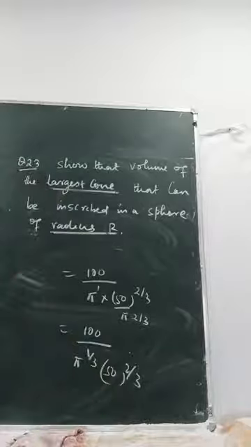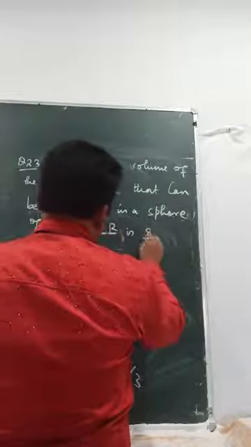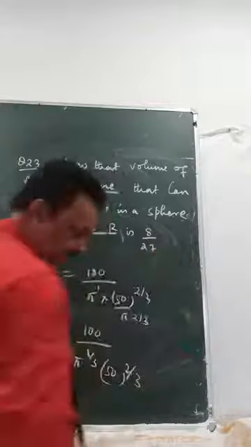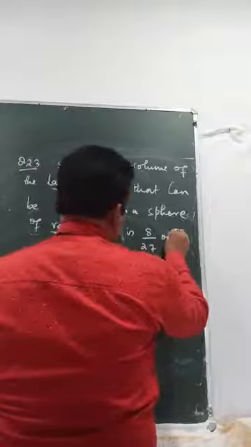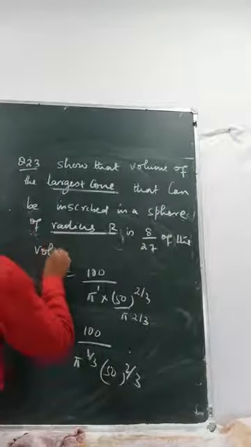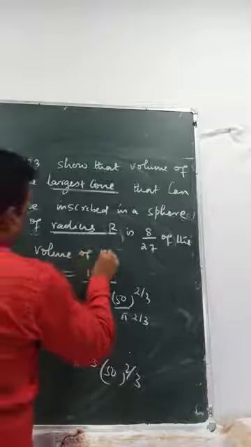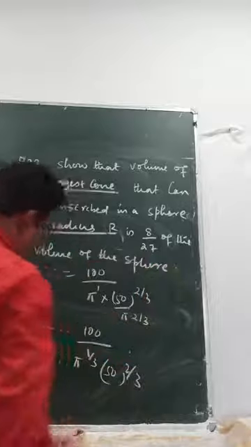Okay, then is 8 by 27 times the volume of the sphere. Lot of clue here.